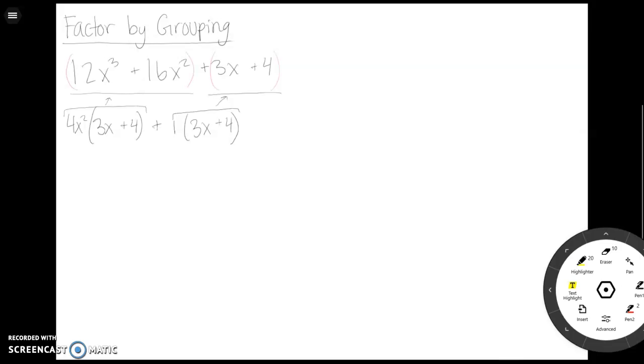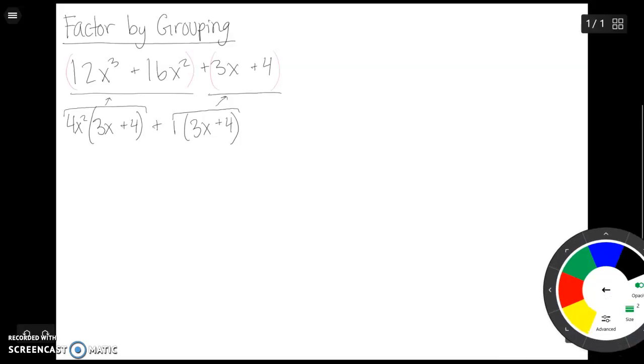My polynomial now isn't in factored form, it's not in standard form, it's just in this kind of gross form. So what I'm going to do now is change my pen color again, let's get out some green. I'm now going to look at this as a term, the 4x squared times 3x plus 4, and then this as a term, 1 times 3x plus 4.